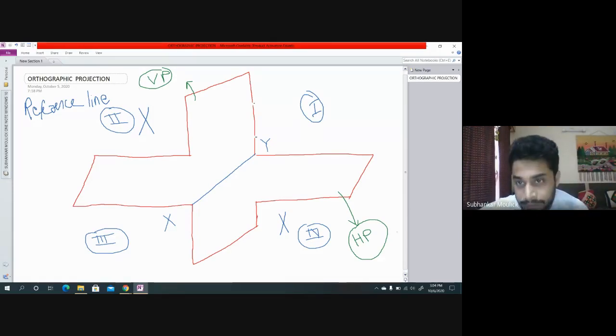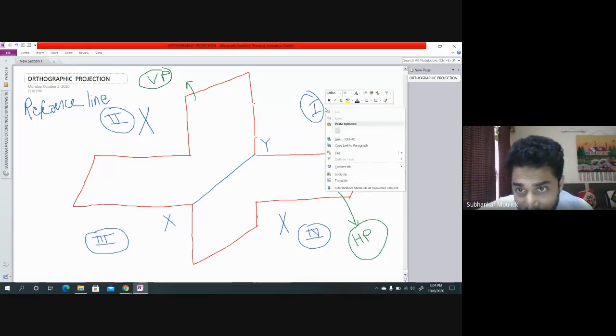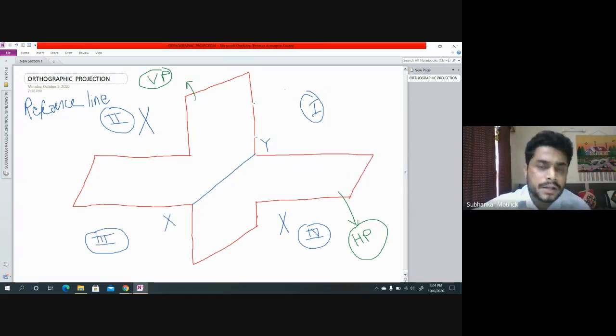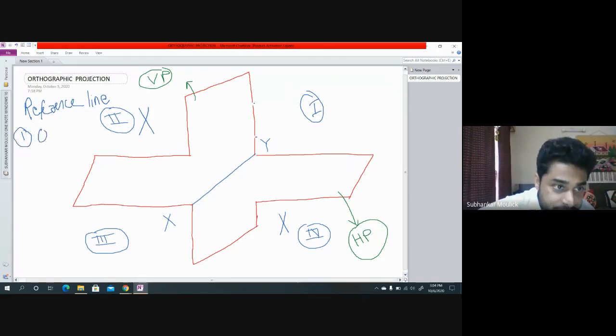Now, in orthographic projection, you need to remember 3 points. If you are clear with those 3 points, you can solve any problem, you can draw any drawing. The first is identification of the object.